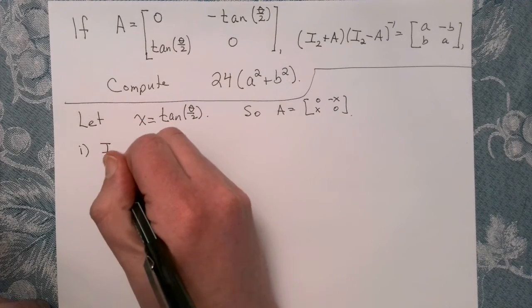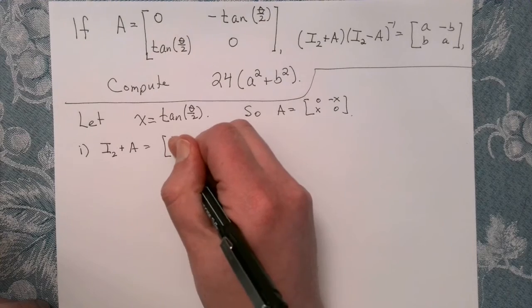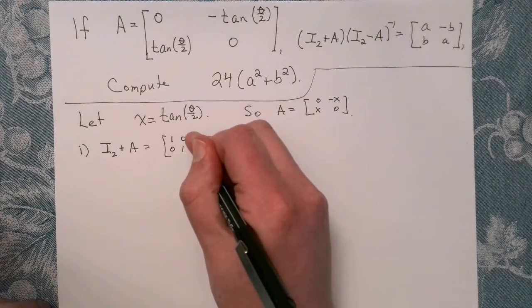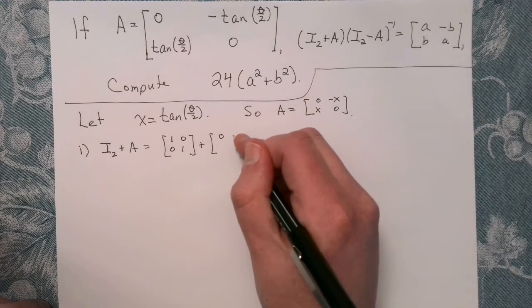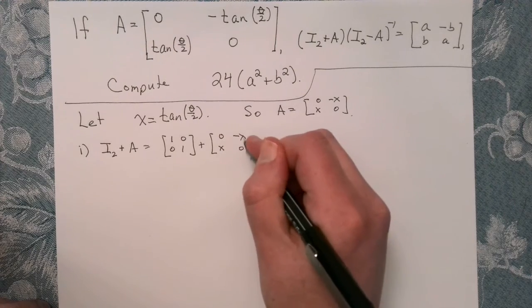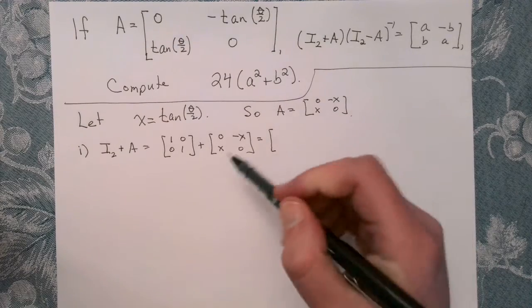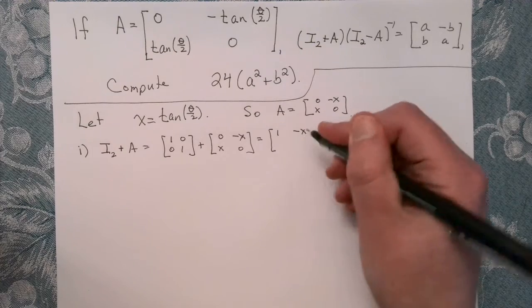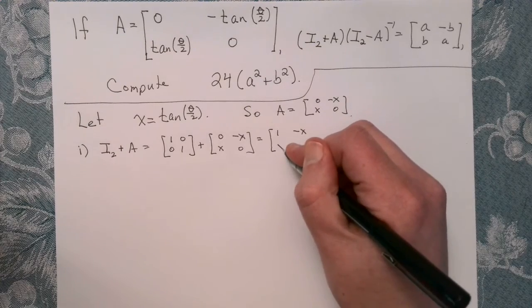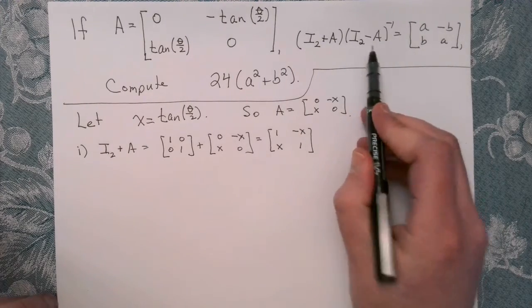The 2 by 2 identity plus A is exactly 1, 0, 0, 1 plus 0, minus x, x, 0. And so we just add component-wise. So we've got 1, minus x, x, 1. Okay, so now let's find this.